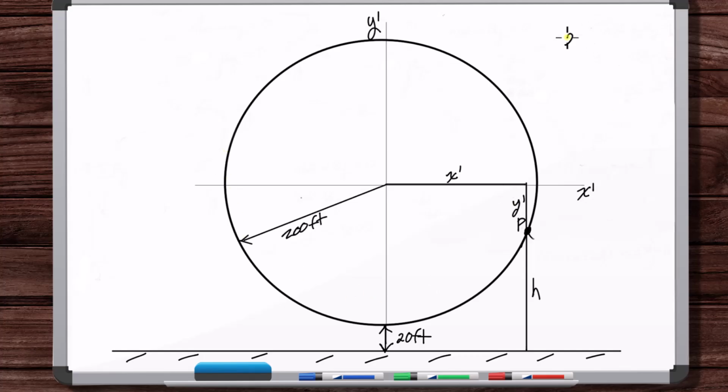It's 2 pi r, so 2 pi times 200, that's 400 pi. Okay, and so all you would do is just take the full circumference and multiply it by P.